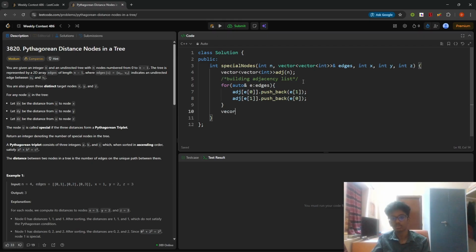Now let's make a tree traversal, and let's say I make three vectors, dx equal to bfs. Let's say I do a bfs traversal.